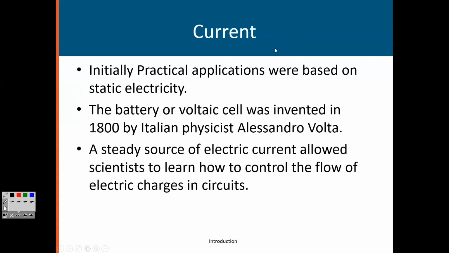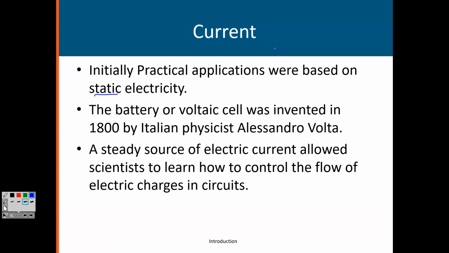So let's begin by defining current. At the beginning, when they found the electric charges, they knew about them, but there were not many applications because they didn't know how to utilize the energy. So all the practical applications were on static electricity.